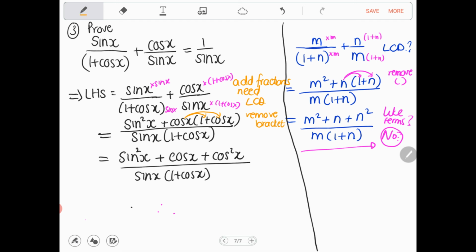Okay, now we ask ourselves, are there any like terms? And the answer is no. There are no like terms at the top.